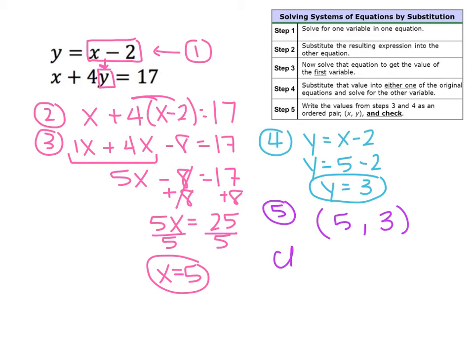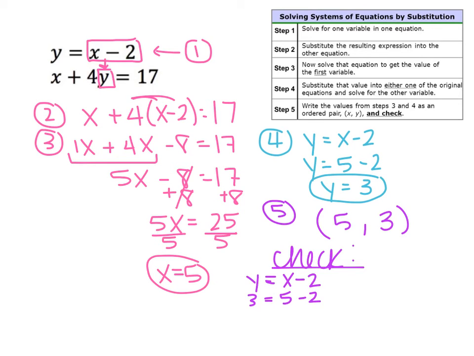But then I still need to check. In order to check, we use both of the original equations and put in our x and y and make sure they're both true. So if the first one was y equals x minus 2, that means 3 is 5 minus 2.